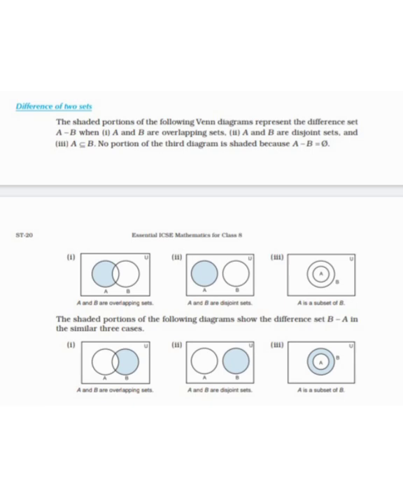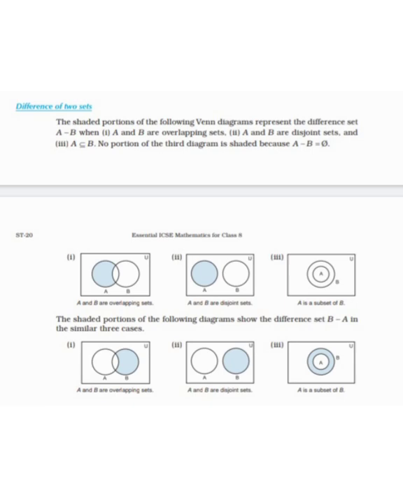The second one is A and B are disjoint sets, which means they do not join anywhere, so there is no intersection. If there is an intersection, the common part is cancelled in the difference. Then the first set is the answer for the difference of the two sets. But here there is no intersection, so with disjoint sets, A only is the answer, and only A is shaded in the figure.